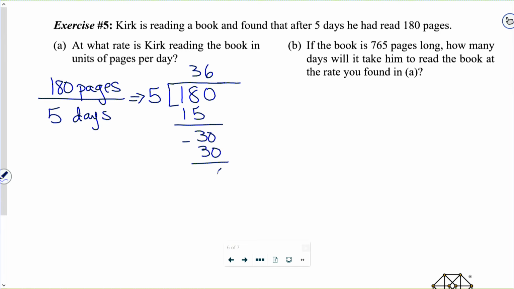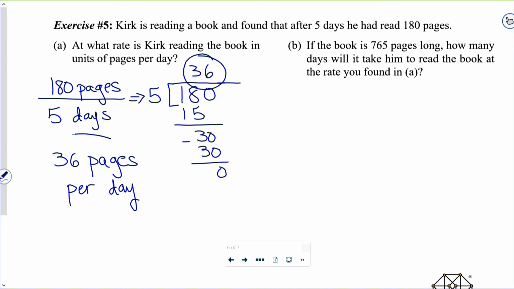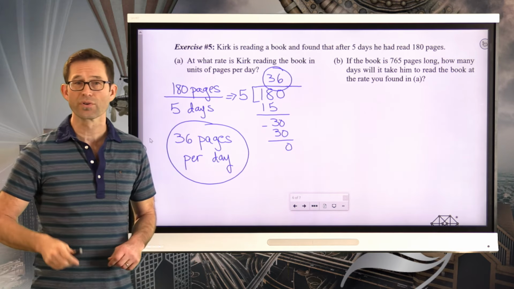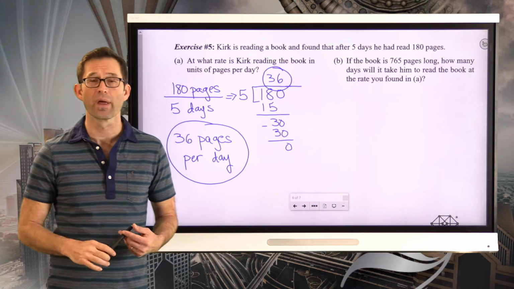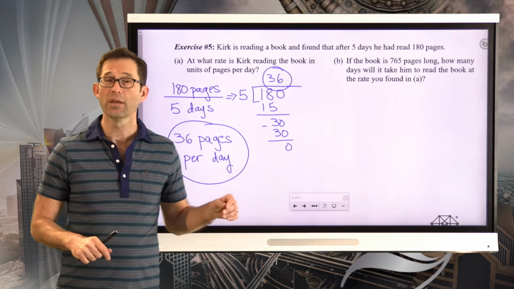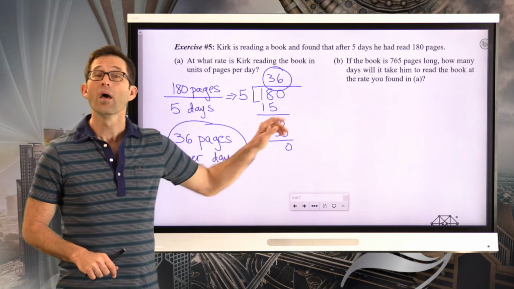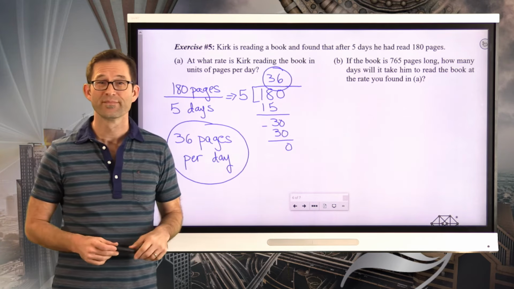I'm leaving out the narrative here, but it looks like 36 pages per day. All right. Awesome. Kirk's zipping along at 36 pages per day, which isn't that fast, but he doesn't have a lot of time, okay? Let's take a look at letter B.